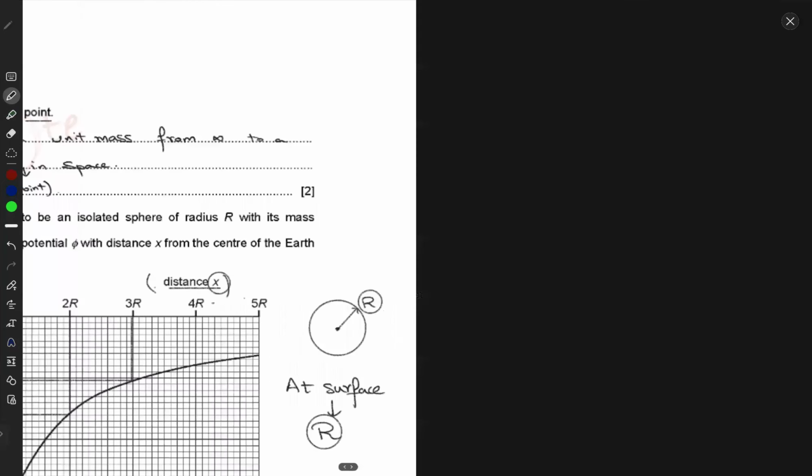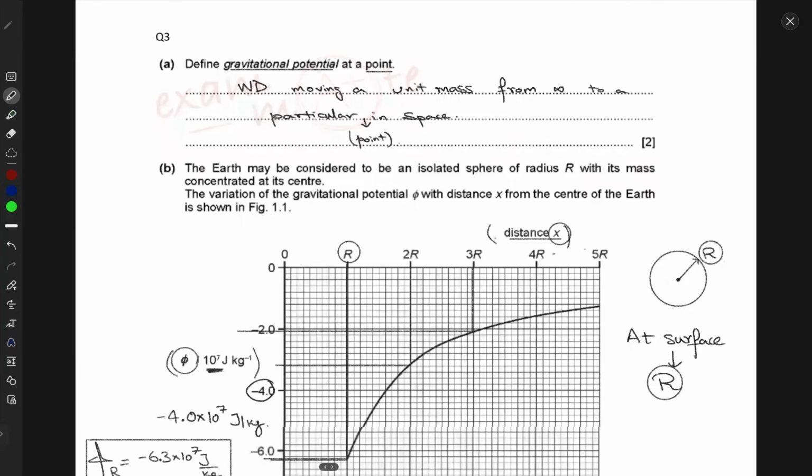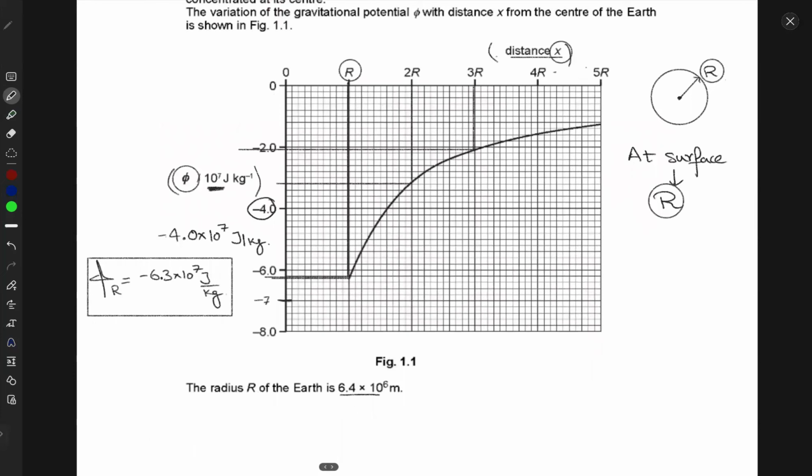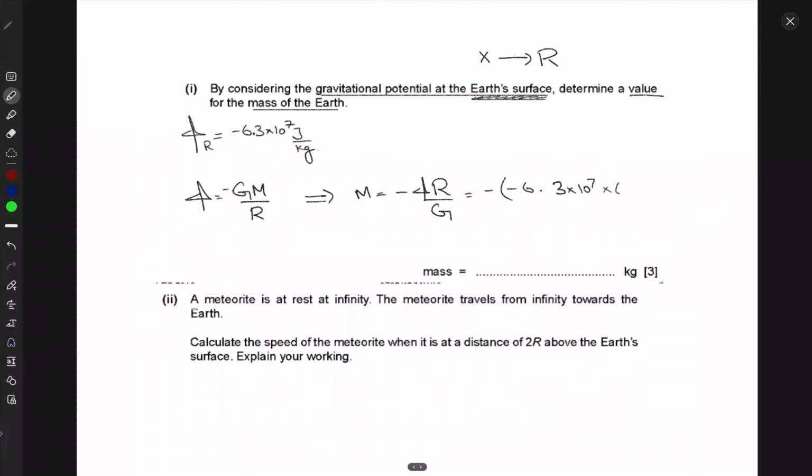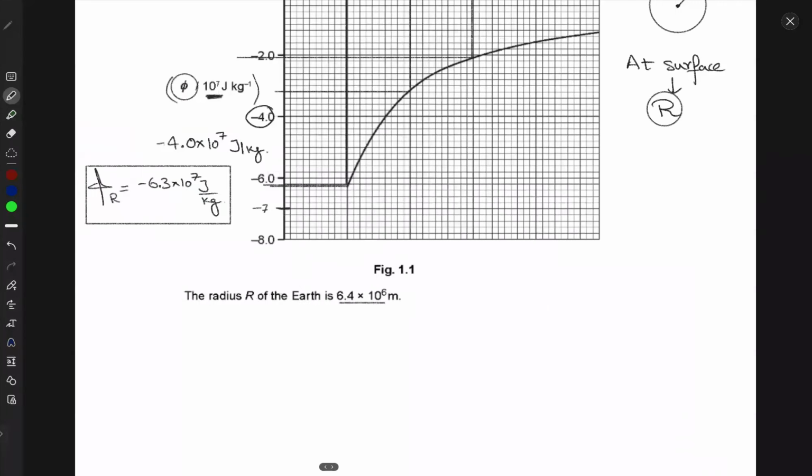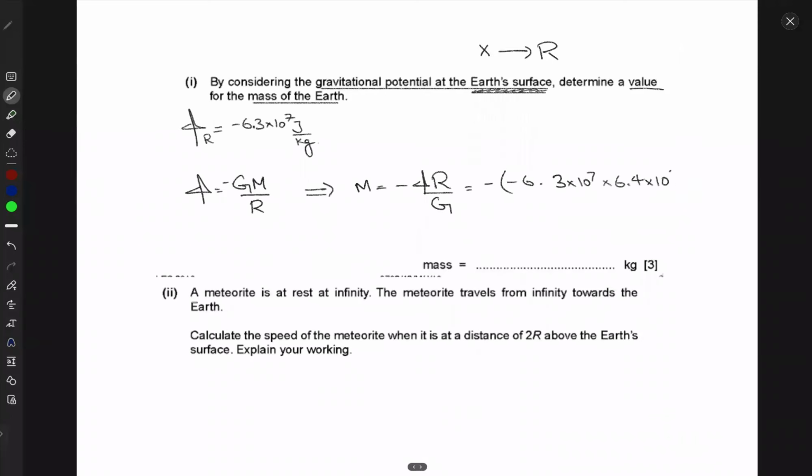The radius of the Earth. So it is given over here, it's 6.4 times 10^6 meters. So just putting in the values now, 6.4 into 10 raised to power 6 meters, and divide this expression by the constant, which is 6.67 into 10 raised to power minus 11. Just do the math and you'll find the mass of the Earth.